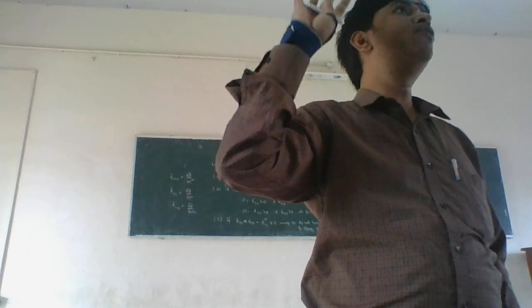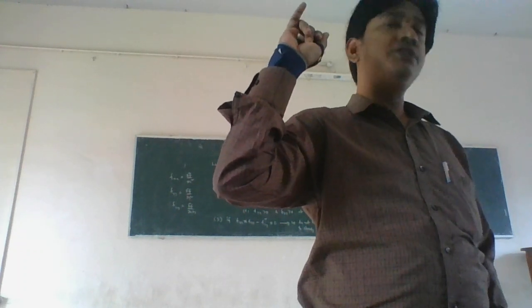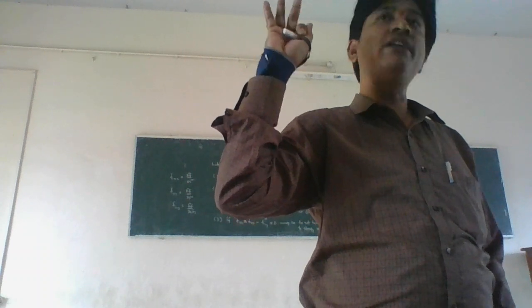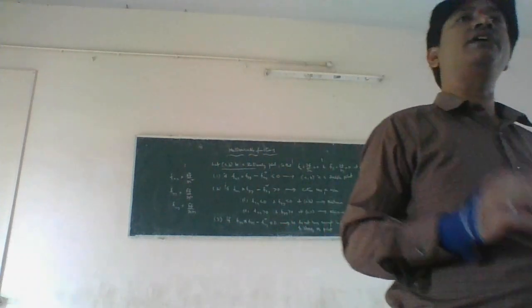Minus 1. So 4 stationary points: (0, 0), (0, 2), (1, 1), (-1, 1). Now check for the conditions.